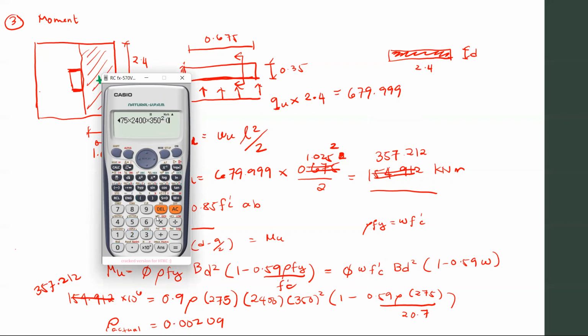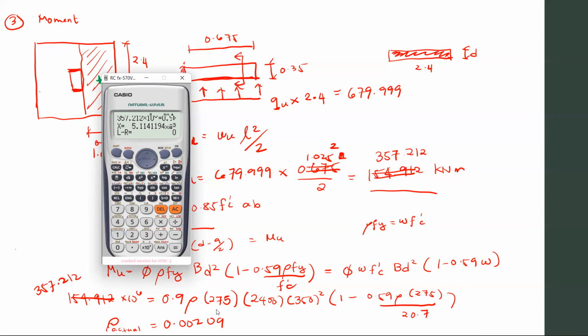Okay. 1 minus 0.59 rho x, 275 over 20.7. So shift solve. Okay, 0.01.